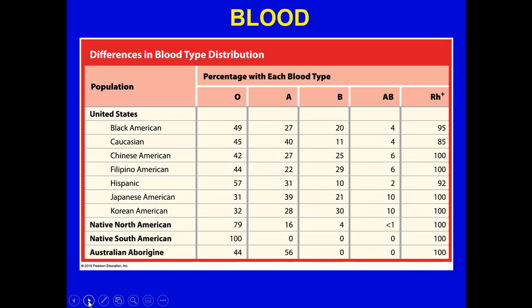Now, I'm not going to have you memorize the numbers. You can see that there is a distribution and it's spread in various amounts across the globe with various members of the populations. This is human diversity that exists, okay?